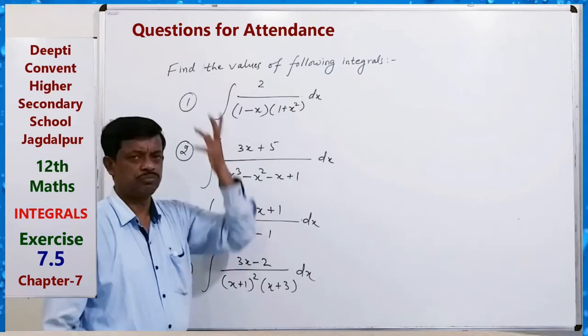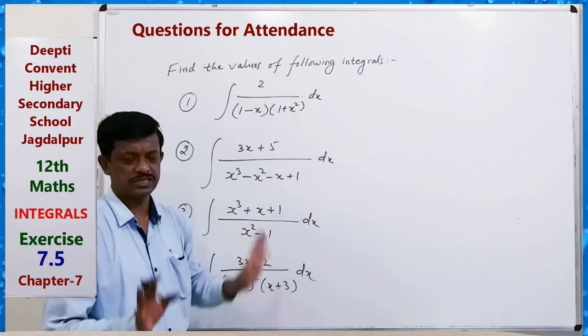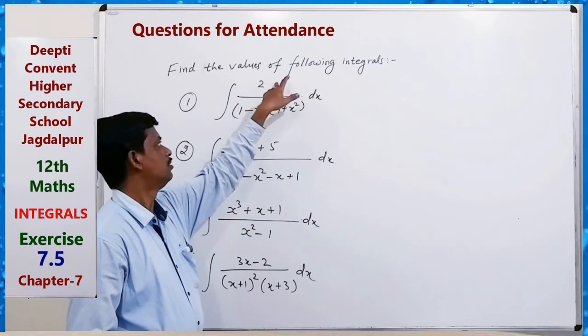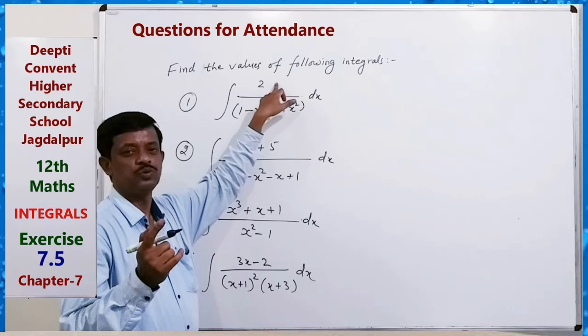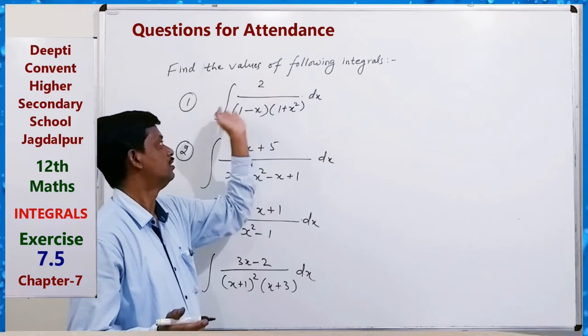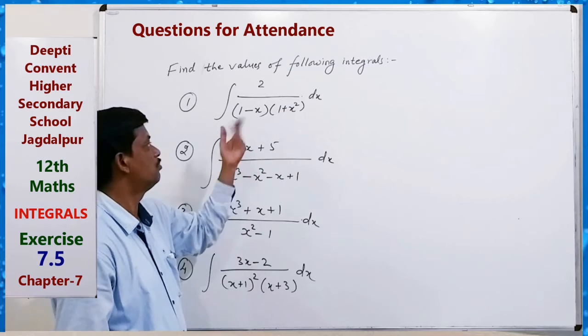We can see this is a rational function. Here the numerator is a 0-degree polynomial and the denominator is a 3rd-degree polynomial, so you can solve it. How?